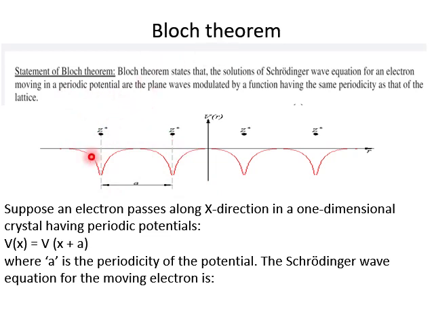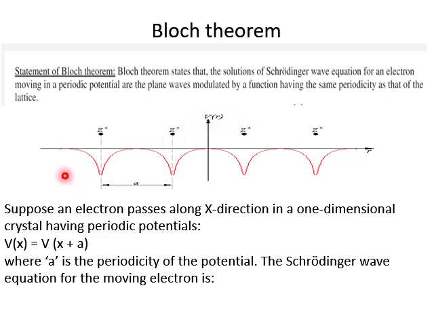Bloch theorem gives us the Schrodinger wave equation solution for an electron which is moving inside this periodic potential well. You may say, ma'am, we have already done the solution of the Schrodinger wave equation for a one dimensional potential well.